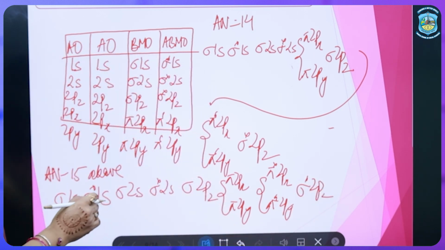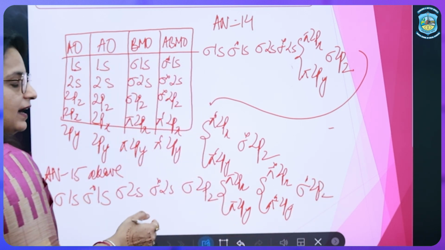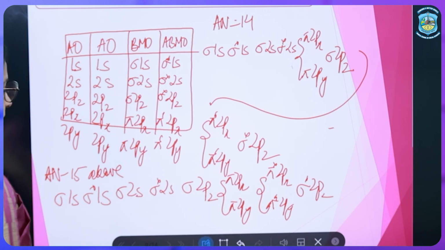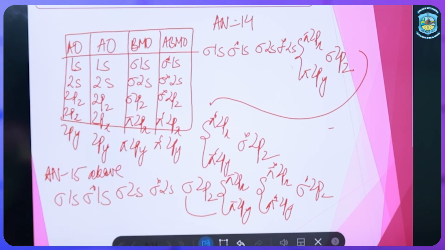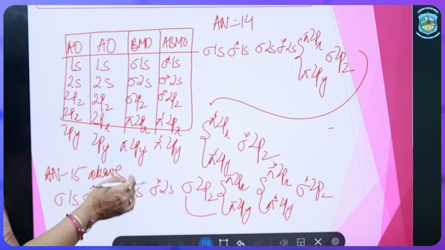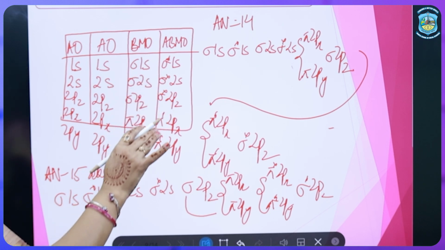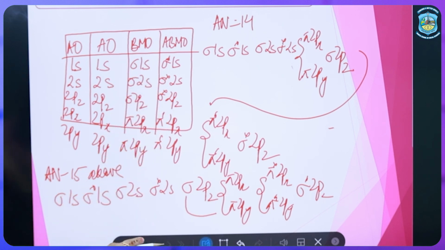So you can see there is a slight change in the energy as we move on to higher atomic number. So sigma 2pz comes to a lower energy, and pi 2px and pi 2py are degenerate, that is they are at the same energy level. So this is the order of filling of molecular orbitals.